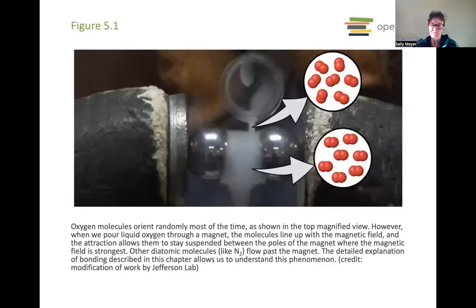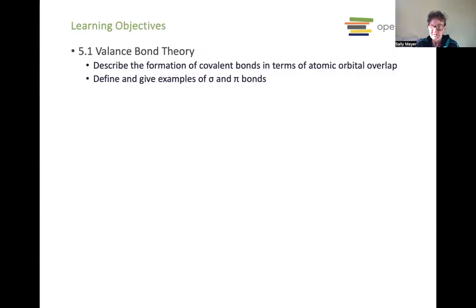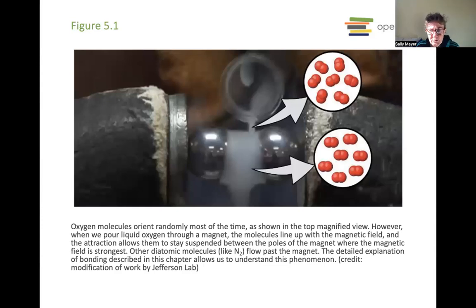This is just a picture to show you one time when Lewis structures and valence bond theory don't work, and that's for oxygen. When you look at the structure of oxygen, we've drawn it before. Oxygen you draw as a diatomic molecule, has two bonds, and each of those oxygen atoms then has two lone pairs. And in reality, oxygen is paramagnetic, which this picture is trying to show you.